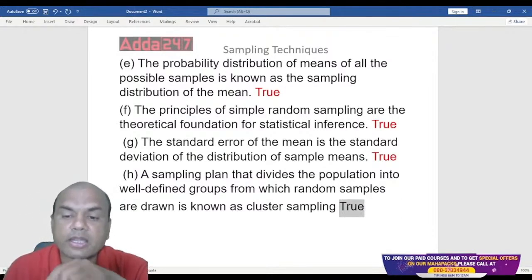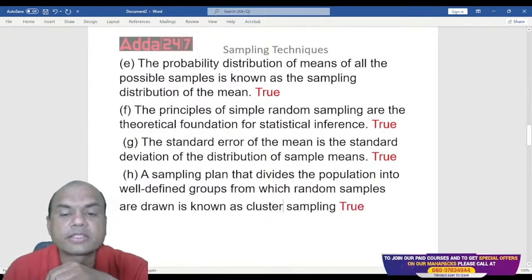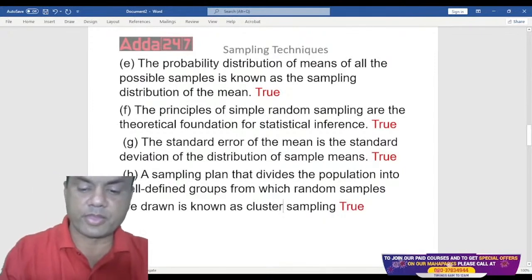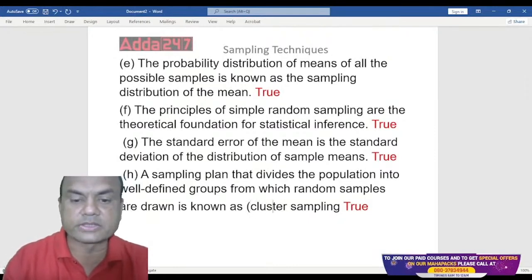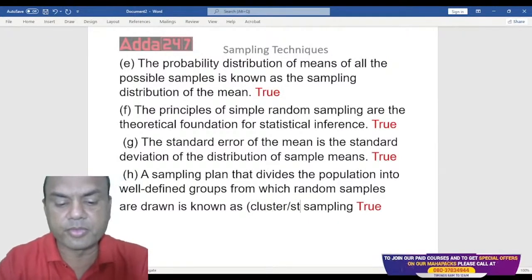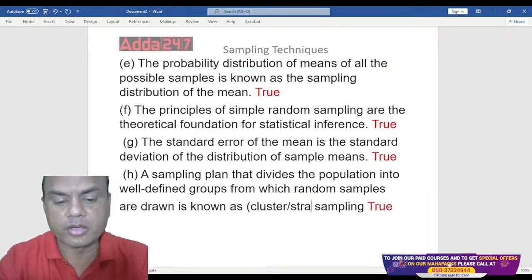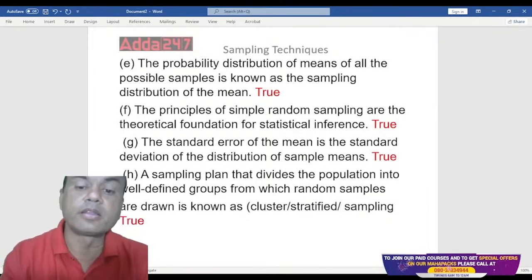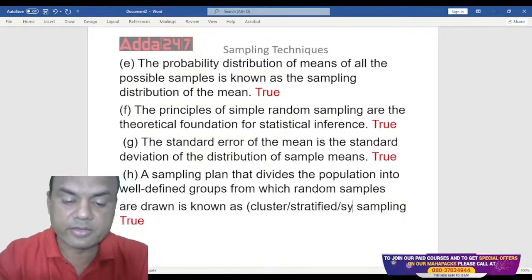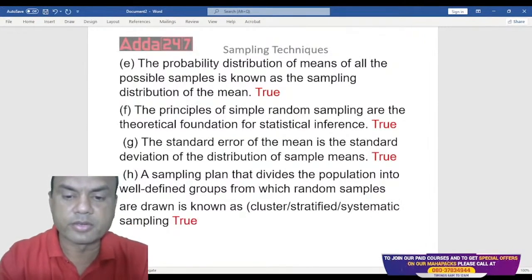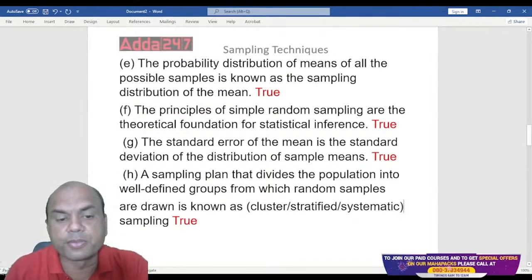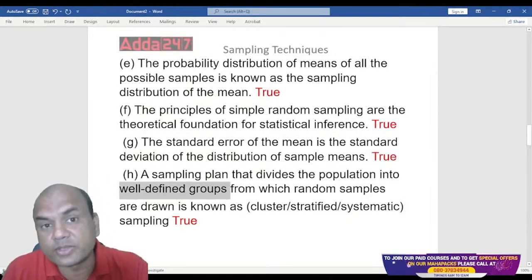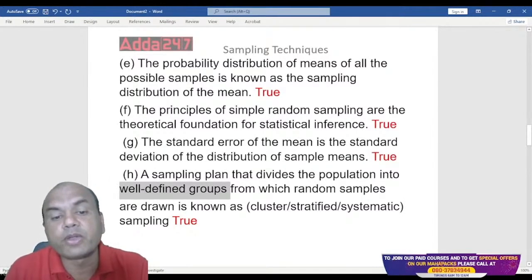I'll tell you one point here. Even if the answer had been stratified or systematic instead of cluster, it would still have been correct. Well-defined groups means whatever the specific definition is.